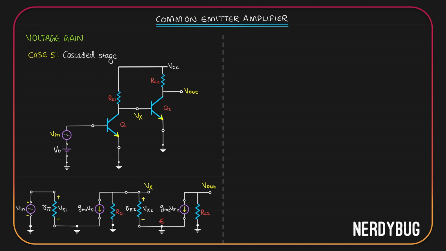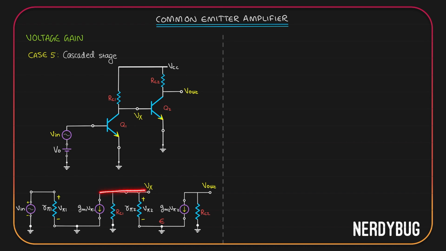Now, what will be the gain of the first stage? That is Vx divided by V input. If you take a look at this much, you can see it is a normal common emitter amplifier and its gain is minus gm times whatever is the equivalent resistance we have between the collector and emitter. Here the question is, what is the equivalent resistance we have between the collector and emitter?